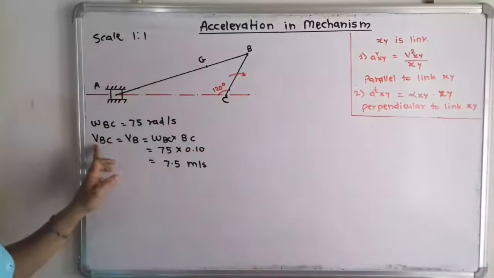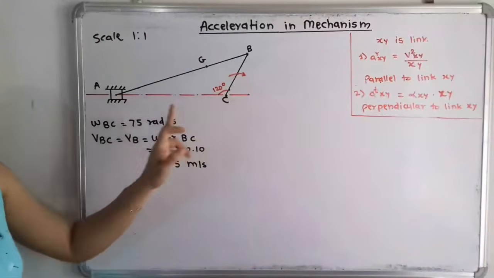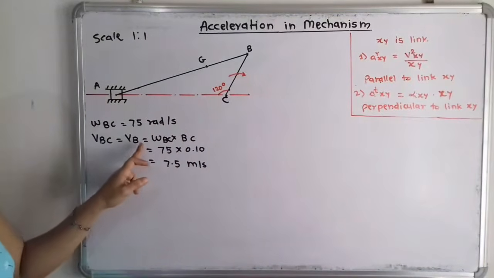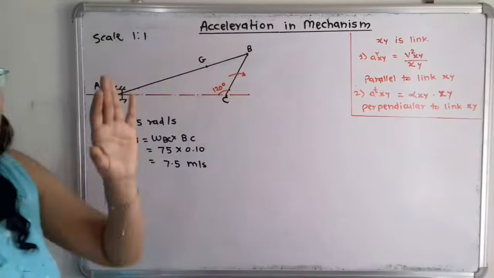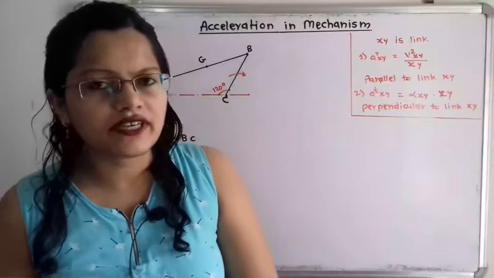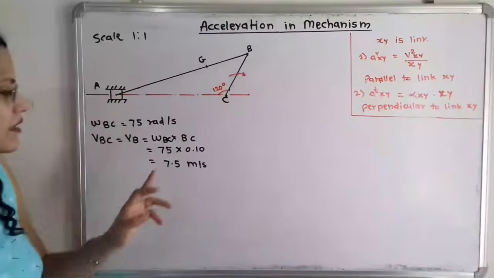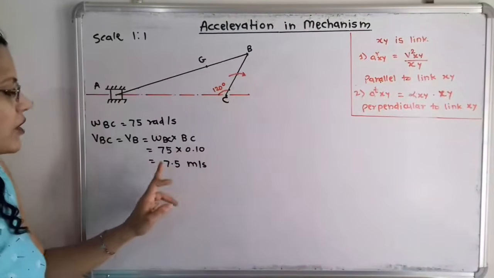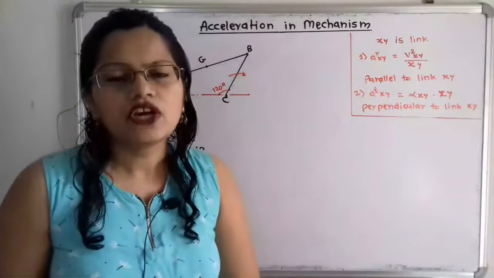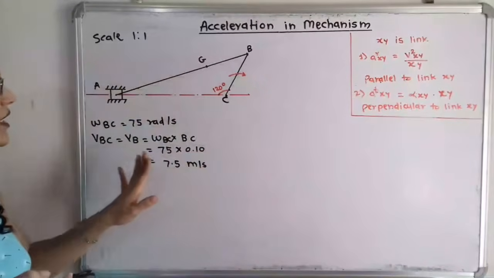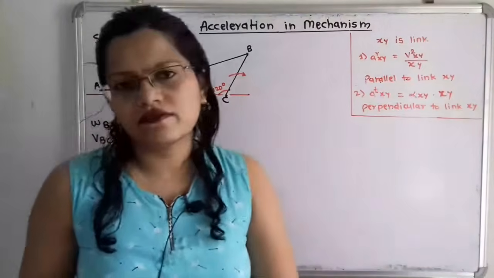Linear velocity VBC, as point C is fixed, we can also say is equal to VB, which is equal to omega BC into BC. This BC we have to take in meters, so 100 mm is 0.1 meter. So 75 into 0.1 is equal to 7.5 meter per second. So this is the magnitude of linear velocity.